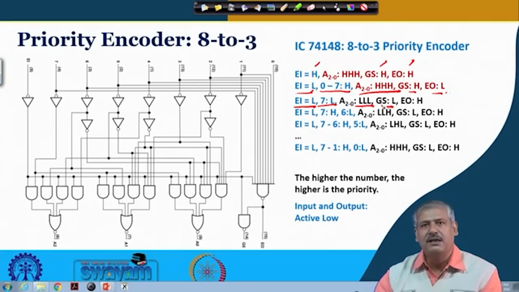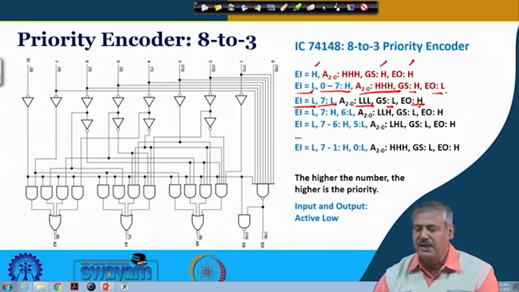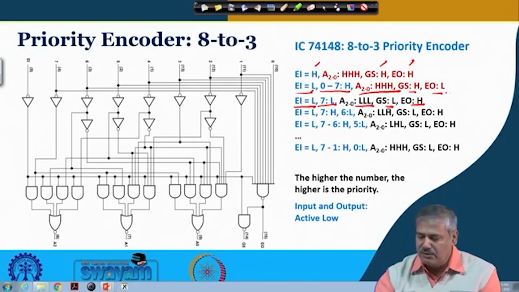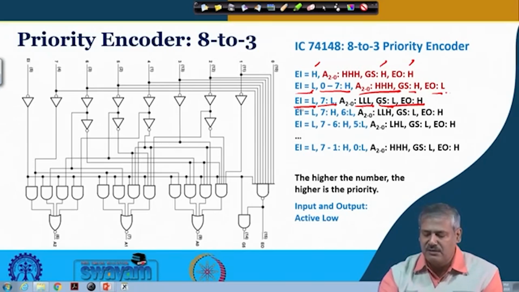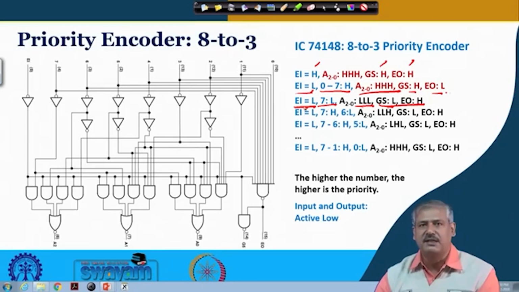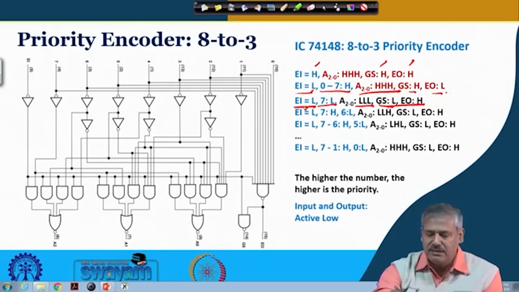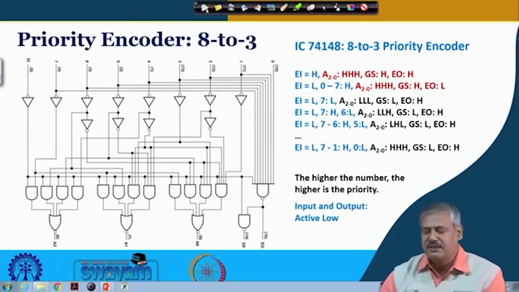Okay. So, that a group data in this particular group is present, that is what it is saying, and enable output will go high. So, this is one control input and two control outputs associated with this circuit. And rest of the things are similar, as we had seen before.